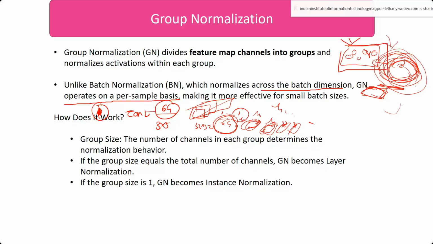In that scenario, you can make use of group normalization. As we are working on a per-sample basis, it is more effective for small batches. And if the group size equals the total number of channels, group normalization becomes layer normalization.